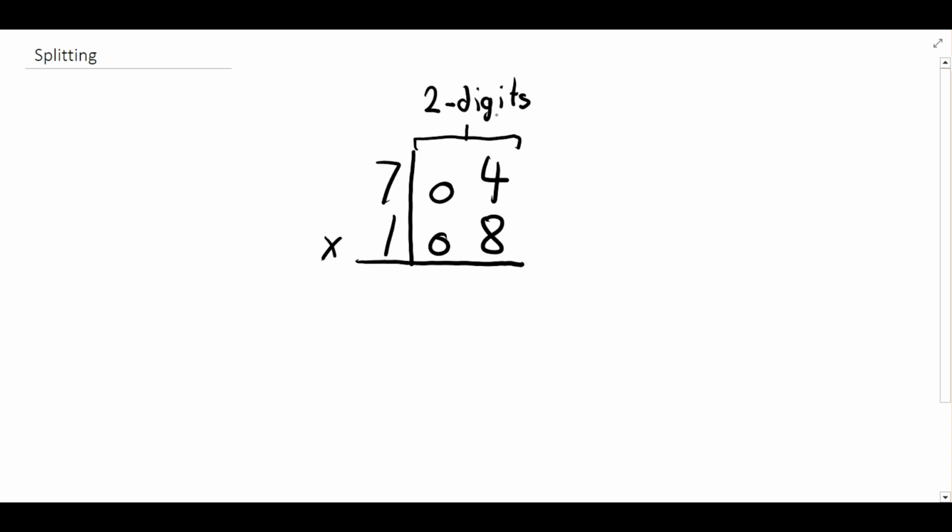That means every single component of the answer should have two digits, and if it has only one digit you may put 0 and then the one digit. So in this case we have 0408 which has two digits, so the answer component should also have two digits.